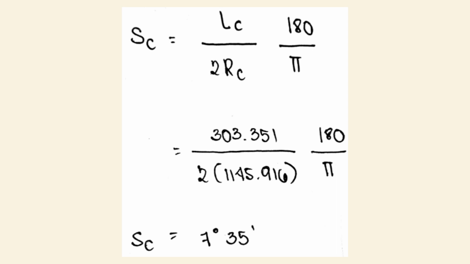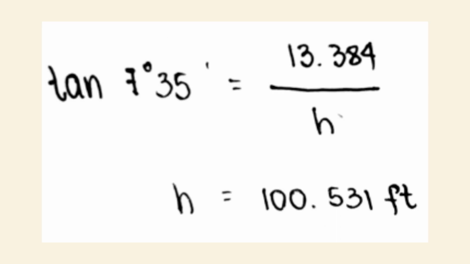Substituting values, we have 303.351 over 2 times 1145.916 multiplied by 180 degrees over pi. Solving the equation, the spiral angle would now be equal to 7 degrees 35 minutes.